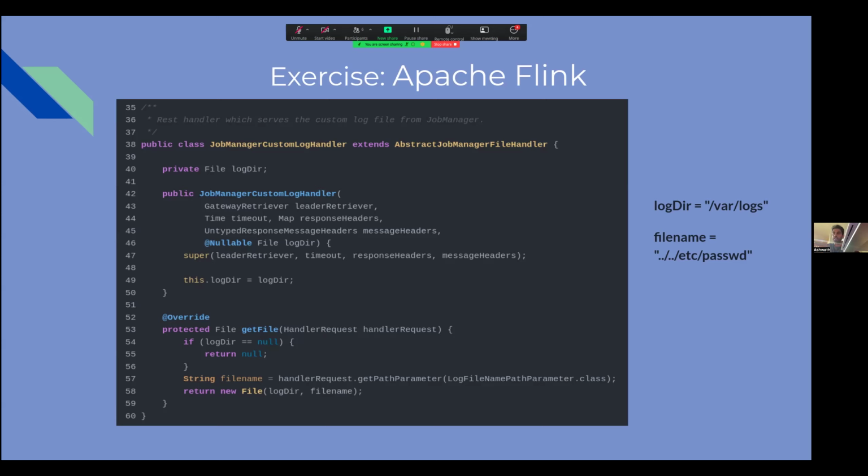So in terms of the file name here, what's happening is the new file created is a concatenation of the log directory and the file name. So when you concatenate var logs and the file name, it essentially becomes etc/passwd, right? I hope everyone's with me till now. So essentially you're creating the file of a sensitive file which you don't have access to.